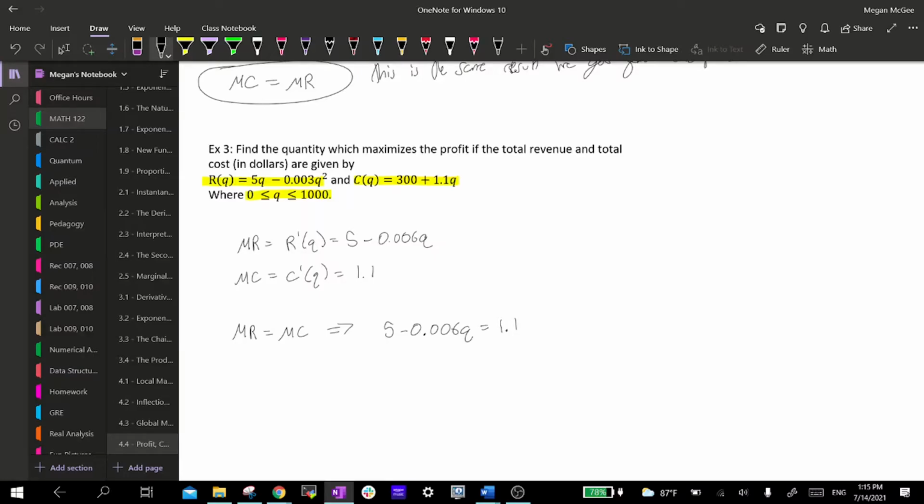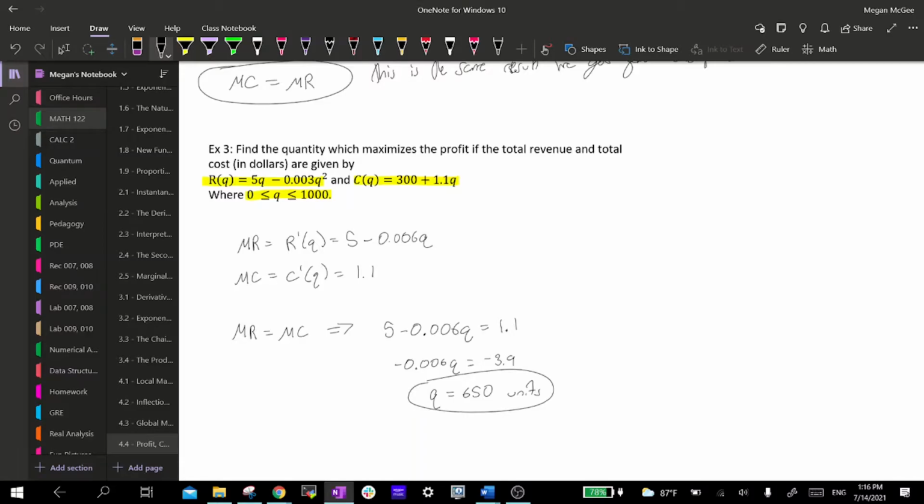So we go ahead and subtract 5 from both sides. We get negative 0.006q is equal to negative 3.9. And then we divide by negative 0.006 to get q is equal to 650 units, right?